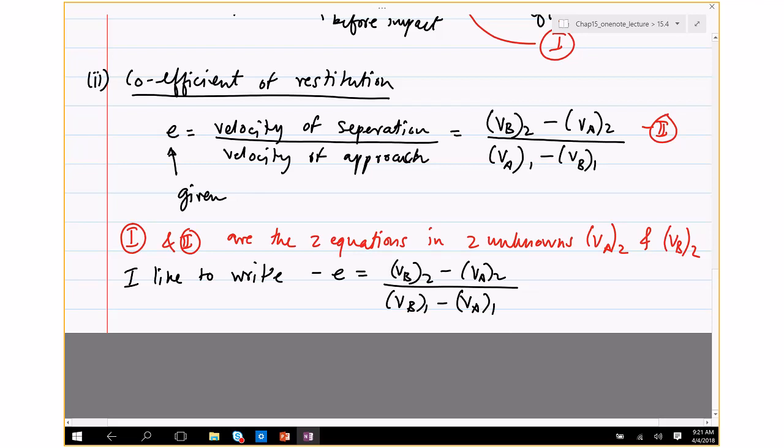What I try to do is, just so that I always do B minus A, I switch the sign over here and put it as minus E. I think this is easier to remember. But it's up to you, you can write it the other way. This is how the book defines it. I just try to remember it like this.